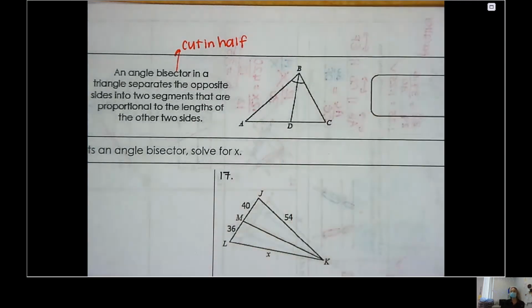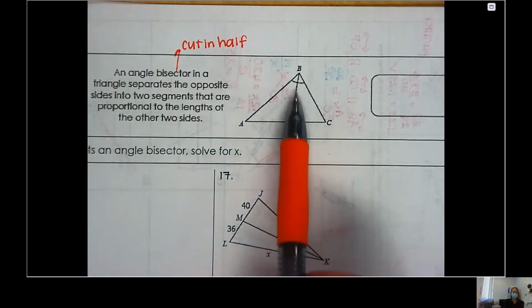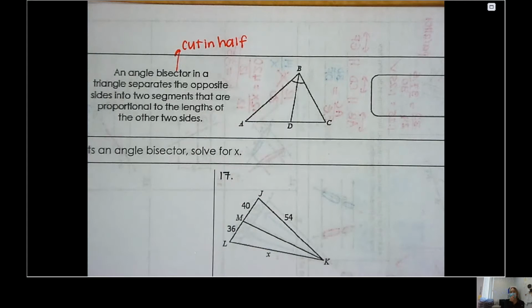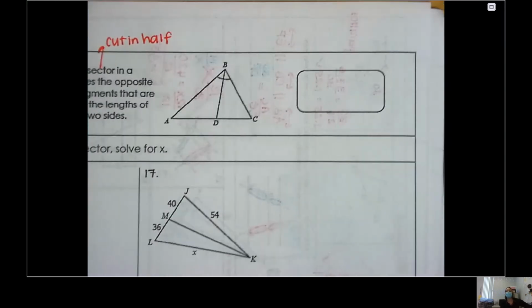So in this case, if I look at my picture, BD is my bisector, and it cuts this angle in half up at angle B, which is why it's got the arc marks there, because it's cut in half. They're the same. What I'm going to do is write a proportion about the two sides that are across from the bisector.